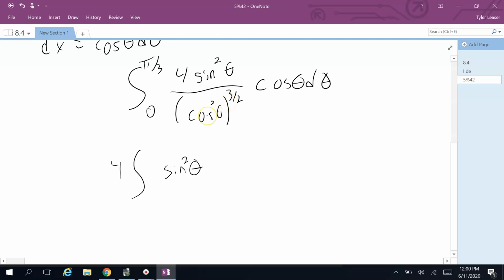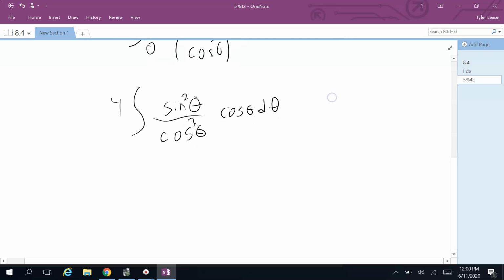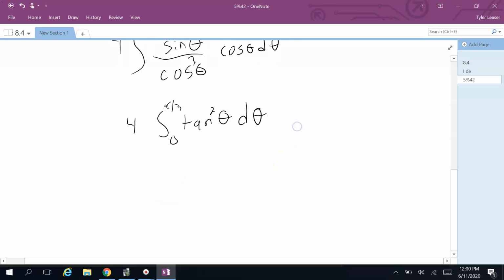So cosine squared to the 3 halves is now going to be cosine cubed here in the denominator. And then we still have this cosine theta floating around d theta. Okay, so this cosine theta is going to cancel out with one of those cosines. Then I have sine squared over cosine squared, which is the same thing as tangent squared. I still have these limits, 0 to pi over 3. I just haven't been copying them down.